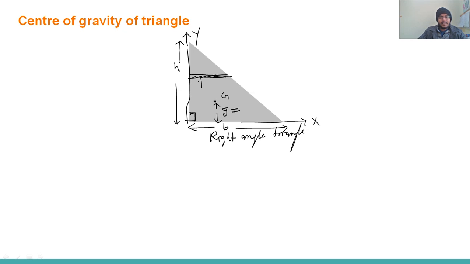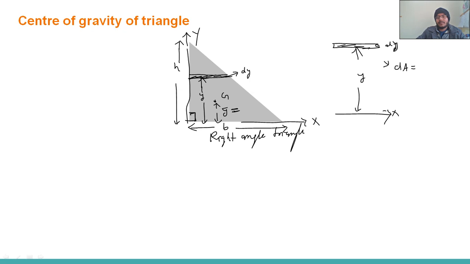From the x-axis, the distance is y, and the width of this is dy. Whatever we have selected is like this.